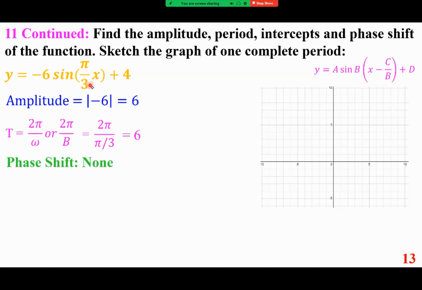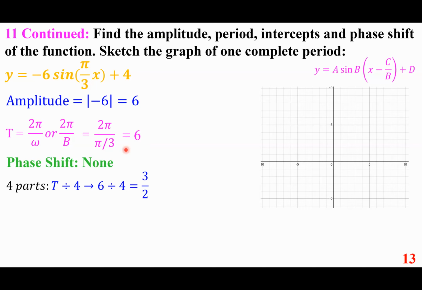So there are 4 parts, if you remember, 4 arcs. So we're going to cut the period into 4 equal parts. 6 divided by 4 is 3/2 or 1.5. Since there is no phase shift, we start from 0 and we go to 6 and cut it in 4 parts. The first one would be 0 to 3/2.